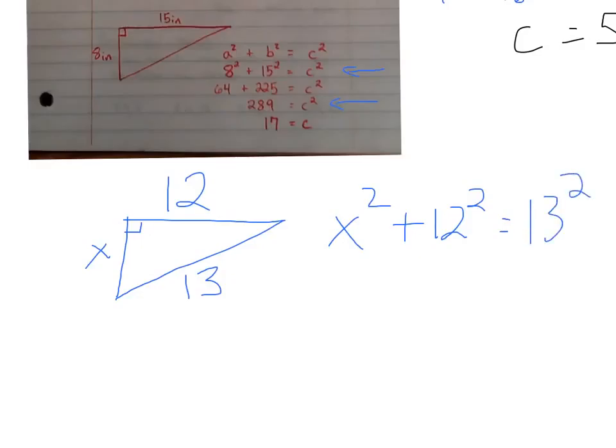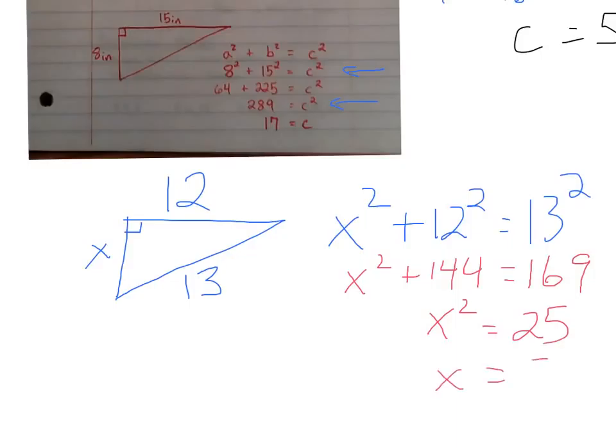If we start to solve that, we get x squared plus 144 is equal to 13 times 13 is 169. So then x squared equals 25, and we find that x is equal to 5.